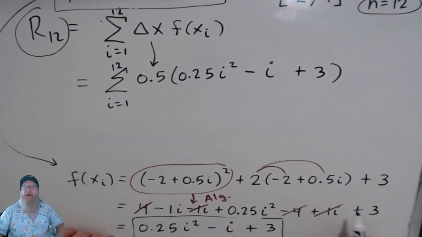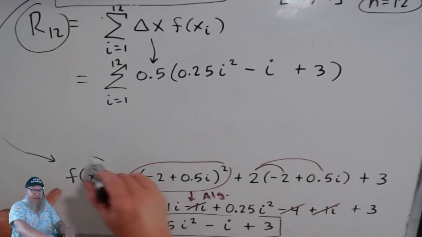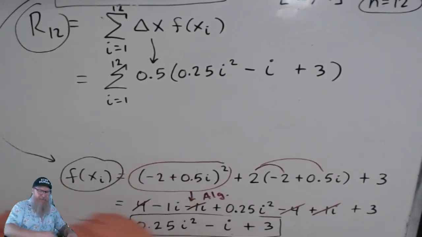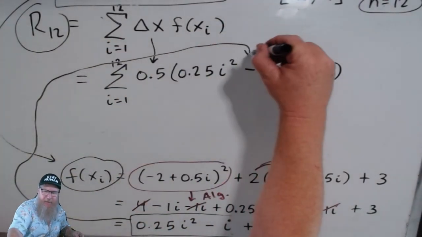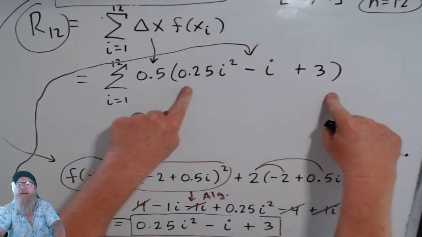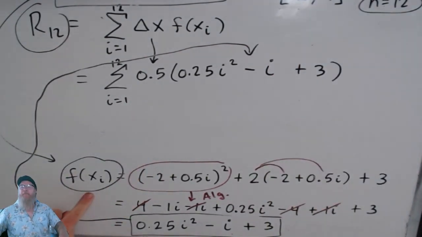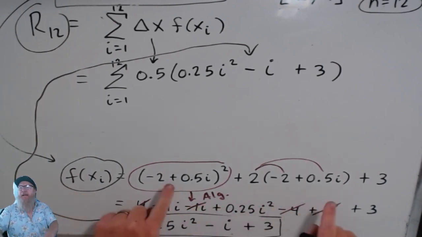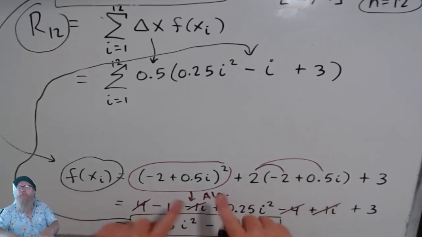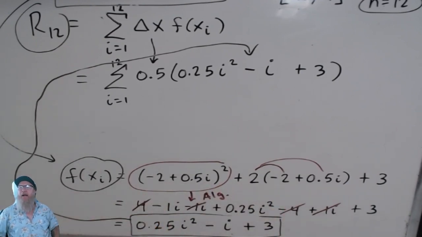So I took the result of this f of xi and I put it here. This is my f of xi. And it required some basic algebra, distributing and multiplying and all of that.